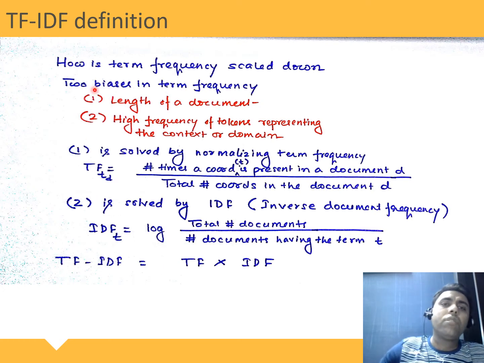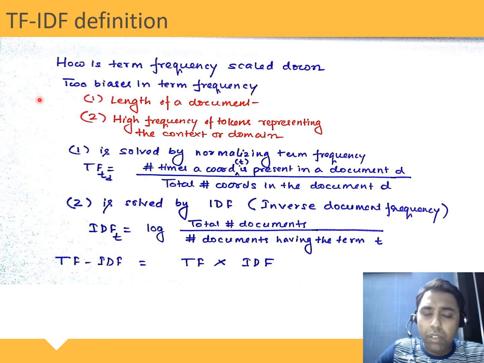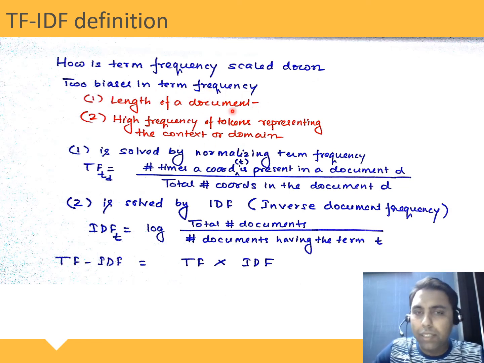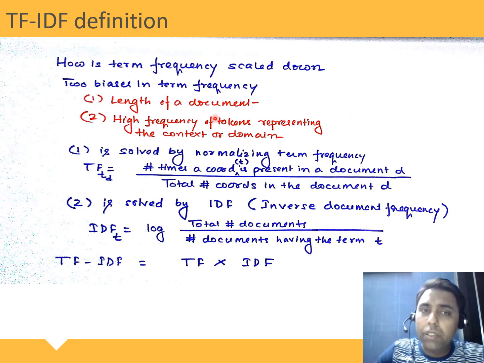So we will define formally how to calculate the inverse document frequency, and subsequently how to calculate the TF-IDF. But the two biases which we were discussing about the term frequency approach, one of them is that it's biased by the length of the document. So the moment you are counting frequency of words in a document, it will be biased by the length of the document as well.